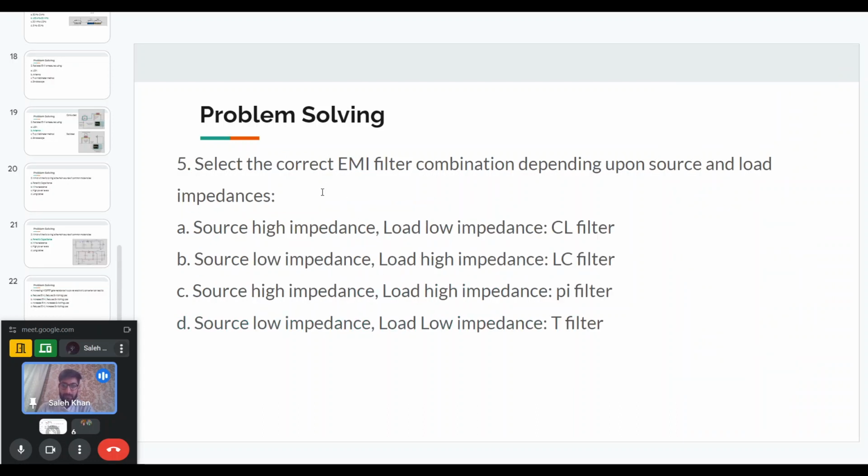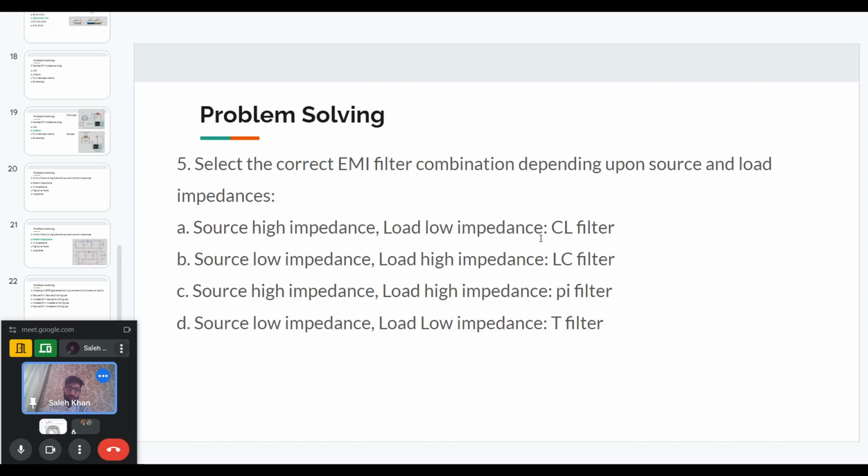So the next question is, we have to select the correct EMI filter combination depending upon the source and load impedances. If the source has high or low impedance and the load can have high or low impedance, what kind of filter do we select?